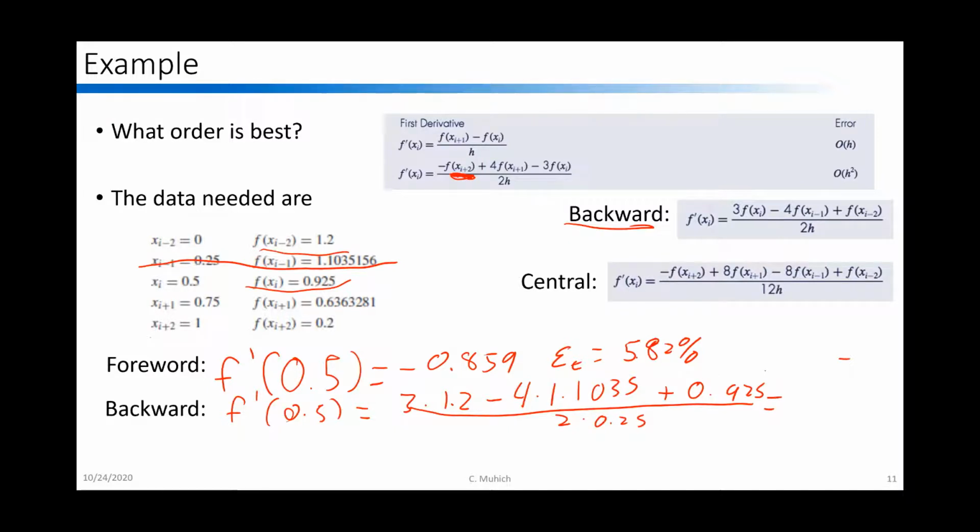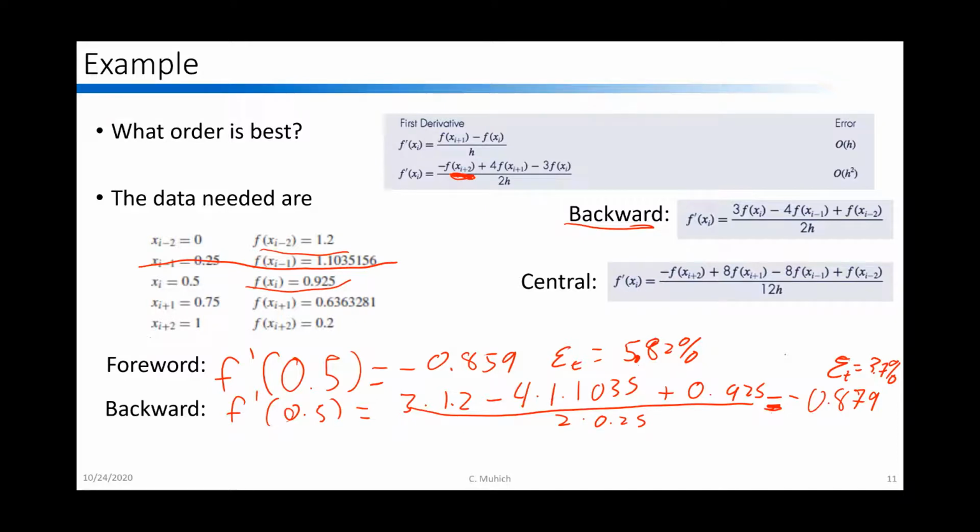I can do this all out, and I get negative 0.879 for a true error of 3.7%. So we can see in this case, my backwards difference is a better estimate than my forward difference. We're not guaranteed to have that, but in this case, it appears to be true.